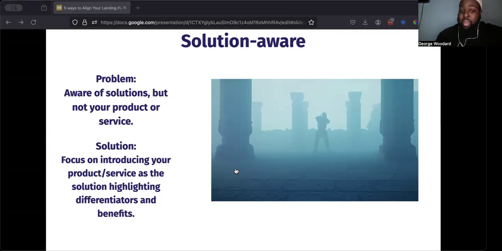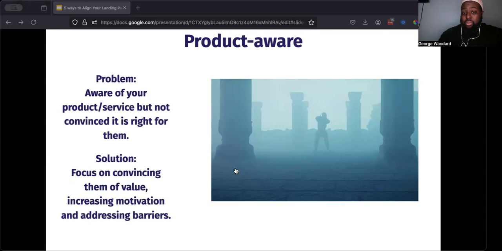So now that you've made them aware, made them solution aware, and introduced your product and service to your ideal client, you want to move on to the next stage, which is product aware. The client is aware of your product and service. They've heard about you. Maybe they got targeted by an ad that you launched on Google or LinkedIn. Maybe they saw you at a trade show.